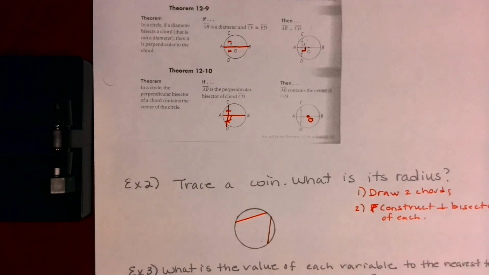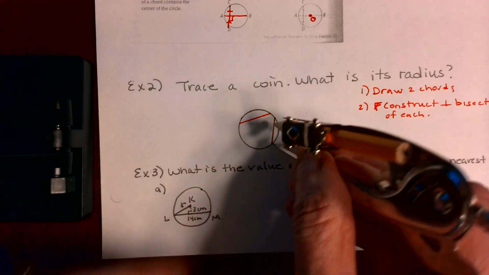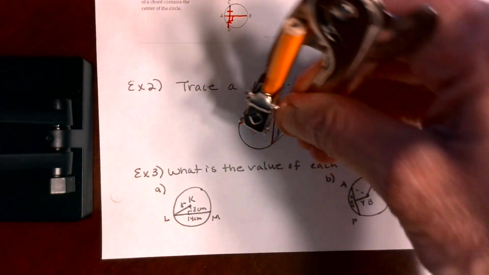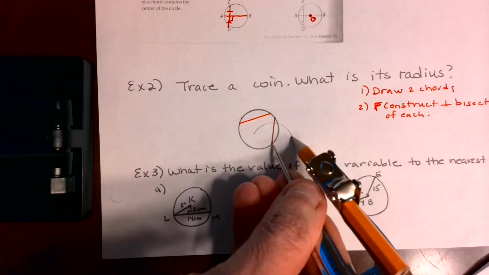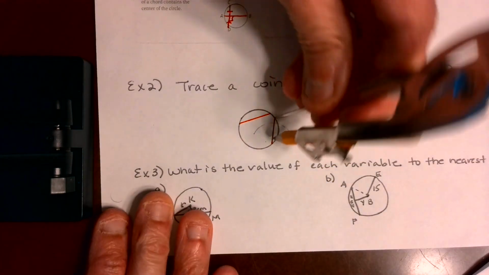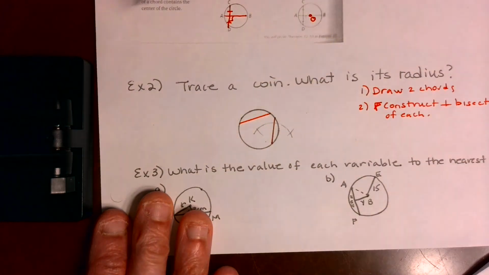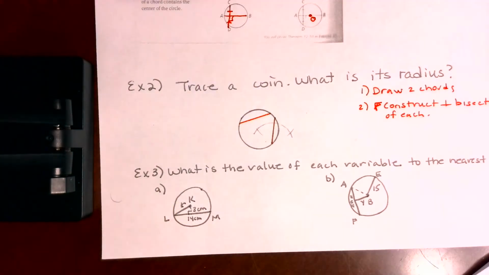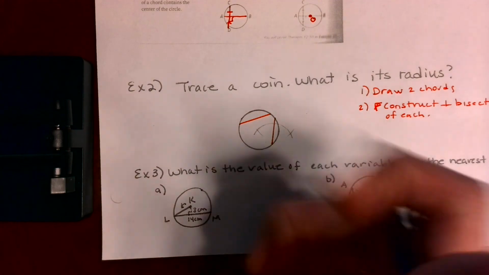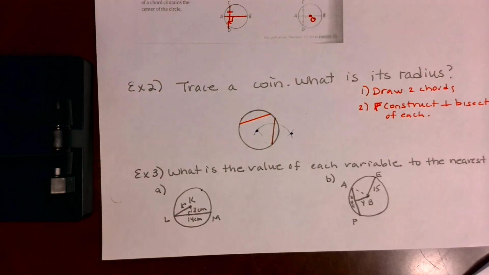Okay, so you guys remember how to do that? You have to go more than halfway and make a semicircle. And then you go to the other side and make a semicircle. And then those are your two dots.